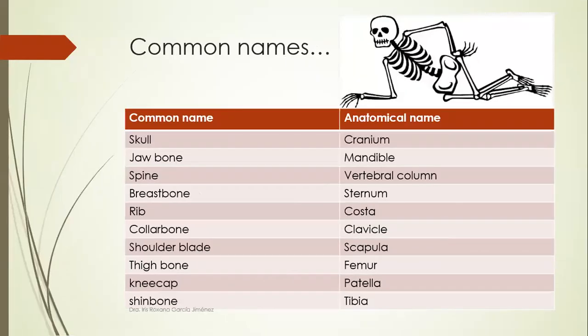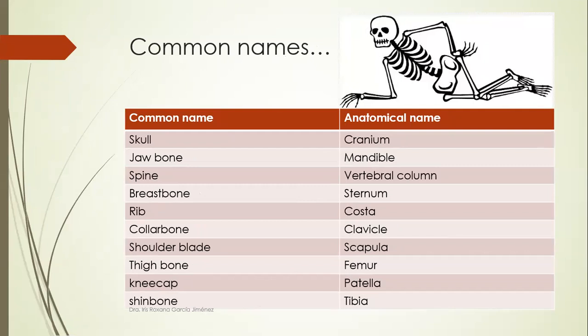Common names. The common names of the anatomical structures are the ones that laypeople use for talking, for practicing, and for showing us that everything is important, that everything has an anatomical name and a common name, because we have to make a difference in this way of talking.